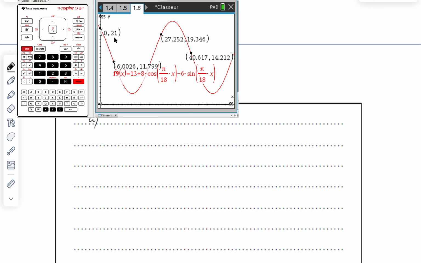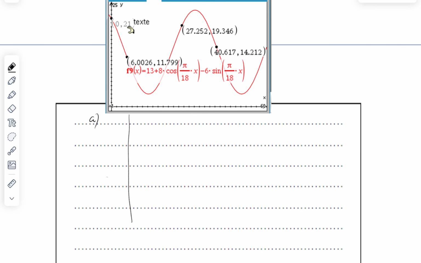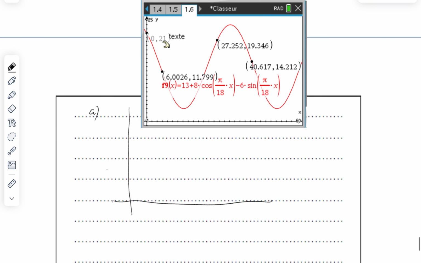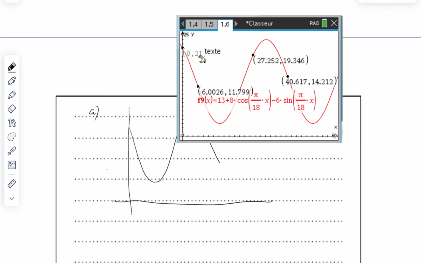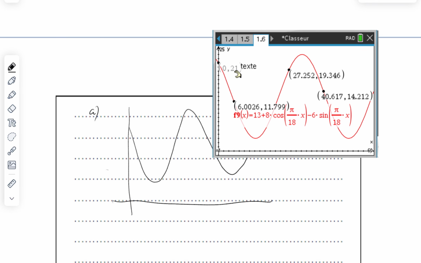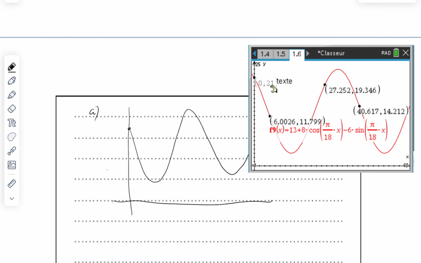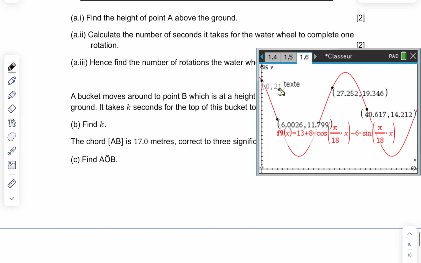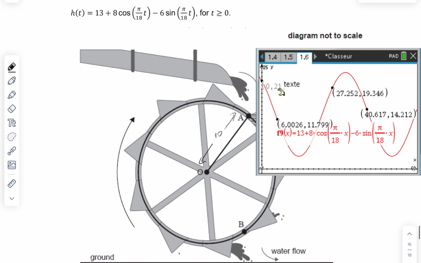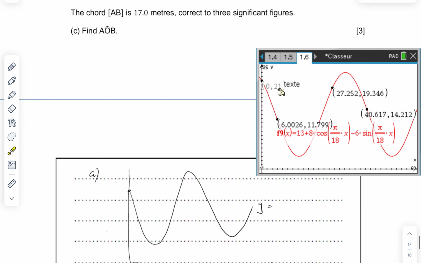Oh, it starts at 21 meters high. And here we need to put in y equals, and the graph is, actually I could put all this to show what the graph is, but actually I could just use h of t equals h of t, where this is t and this is y, and we know this is 0, 21.